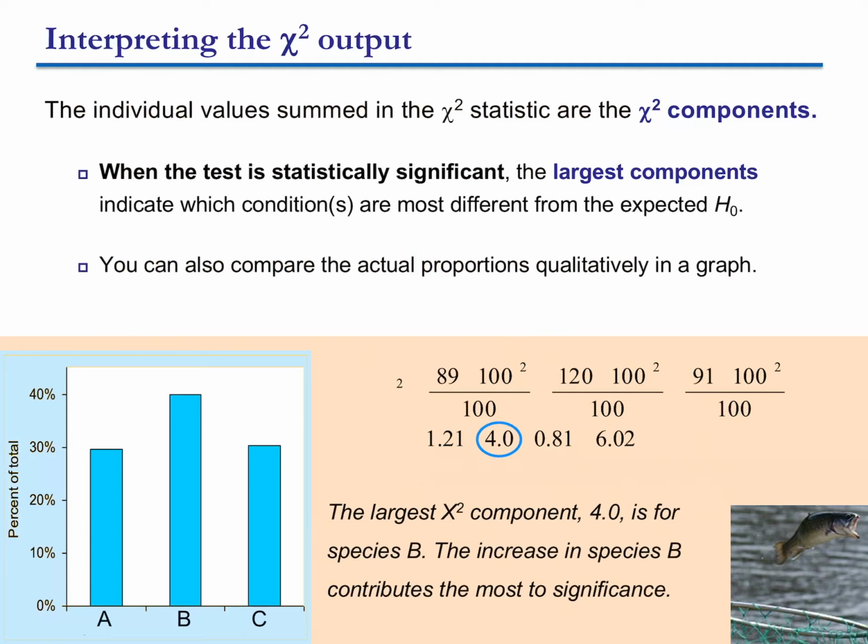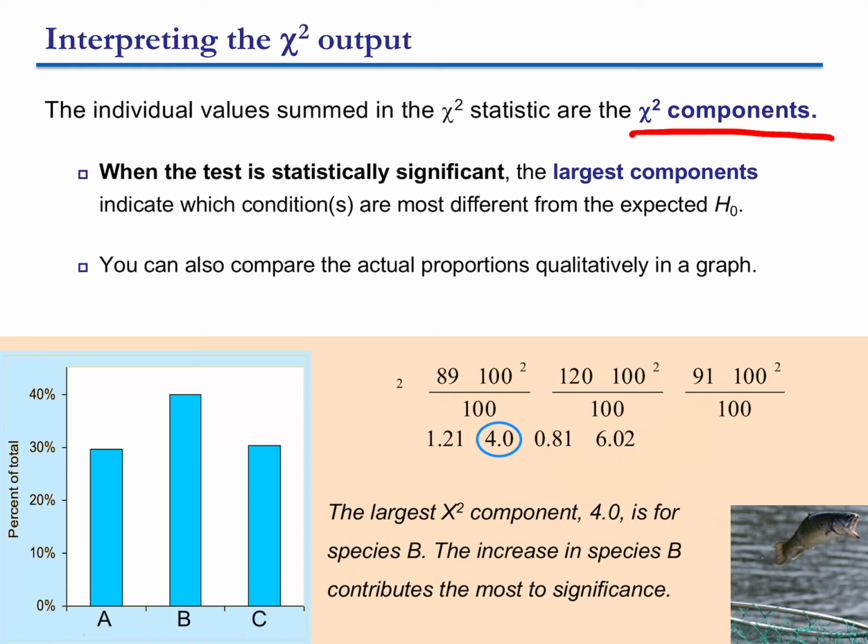So what about interpreting the chi-square output? These individual values, these contribution values that we sum in the chi-square statistic, are called chi-square components or contributions. Whenever we get a significant p-value, 0.05 or less, let's say, we can look to these chi-square components and see that the largest components are the ones having the biggest effect on that p-value.